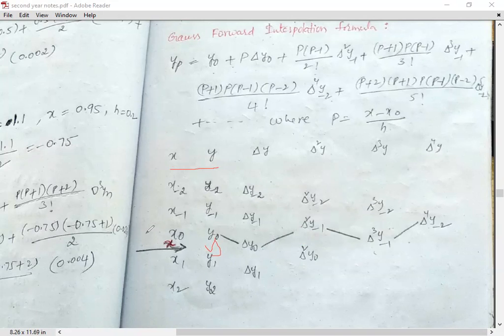Here we can easily observe that from x naught y naught we can draw a horizontal line. This horizontal line is said to be the central line.